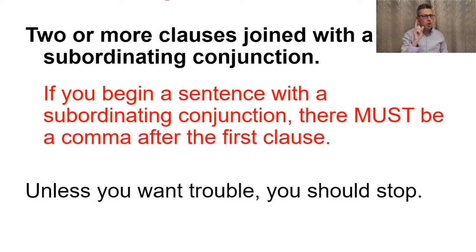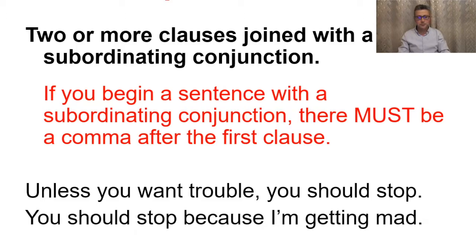Now, you should stop by itself. Does it stand alone as a sentence? Think about it. Well, you should stop has a subject and a verb. The meaning is complete, so together, unless you want trouble, you should stop is a complex sentence because we have unless.